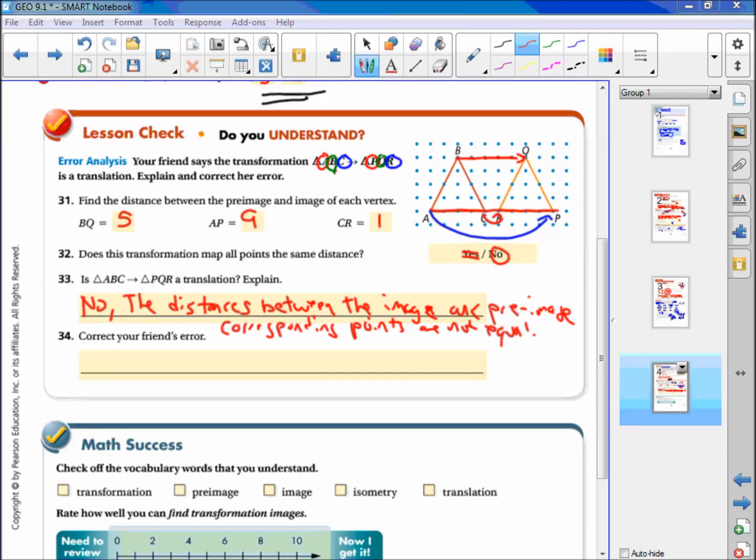So for it to be a translation, we have to slide everything the same amount in the same direction. All right, so correct your friend's error.